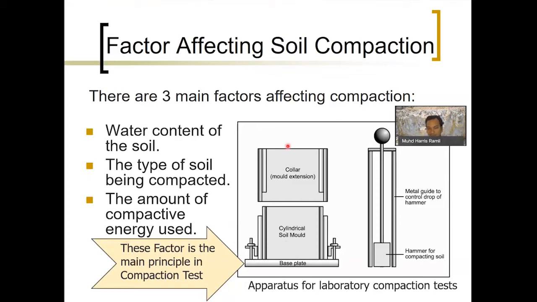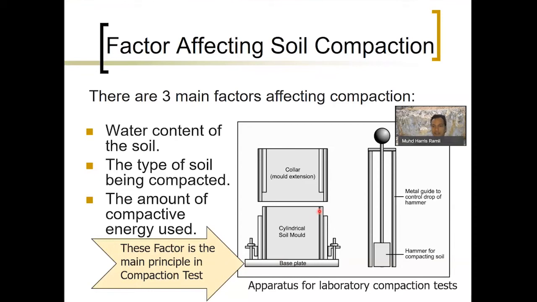Here is the apparatus for the laboratory compaction test. You have a cylindrical soil mold of standard size, because every time people do the test, they are doing the same kind of test and it is repetitive.